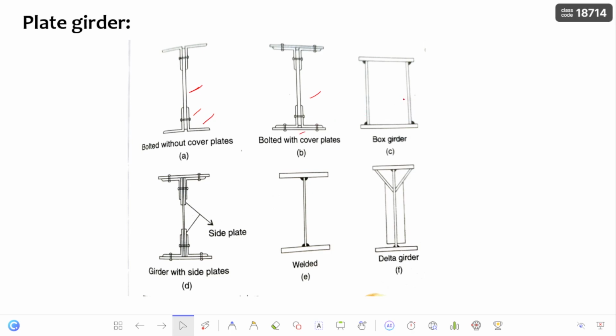Whenever there is a depth restriction, you are going to prefer box girders, in which there are two webs so that the total depth of the section is reduced. In another option, side plates are added to the web. The fifth option is the general plate girder, which is preferred in construction. And the last option is the delta girder.